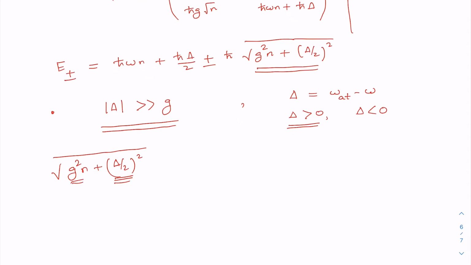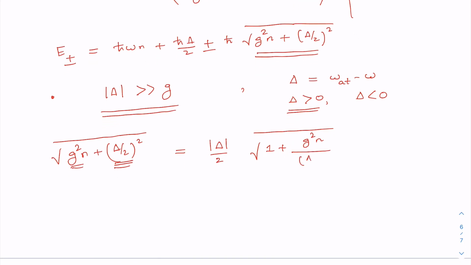So let me pull it out, and if I pull it out, then I have Δ by 2 here, and I can write it, let me just put mod, because Δ can be less than 0 or greater than 0. Then I have here 1 plus ζ squared n divided by (Δ by 2) whole square.